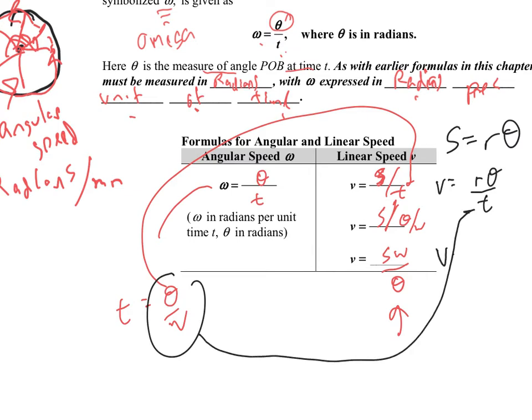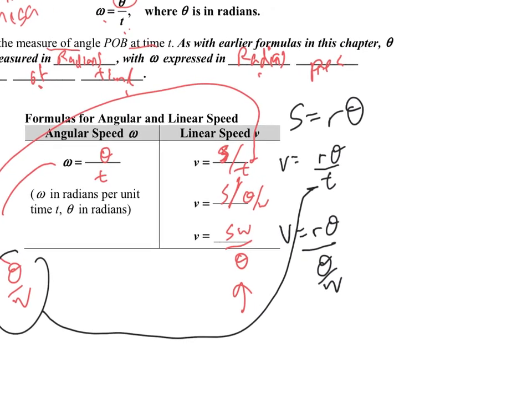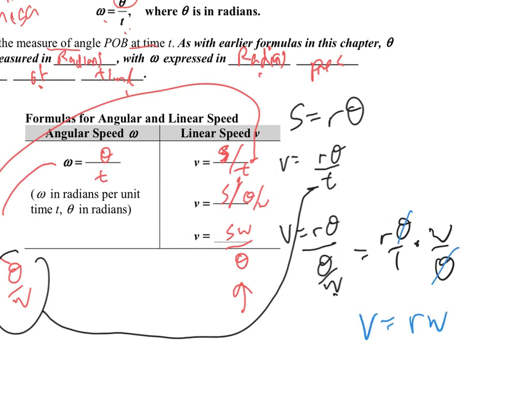Velocity is R theta over omega, which, to help you out, is R theta over 1 times the reciprocal, omega over theta. The thetas cancel. Velocity can also be R omega. That's your radius of the circle times your angular speed is your velocity.